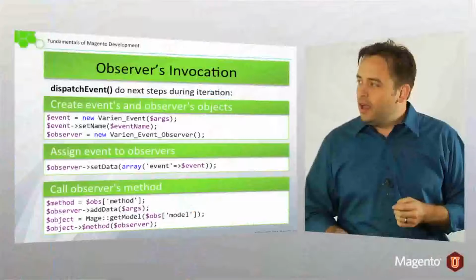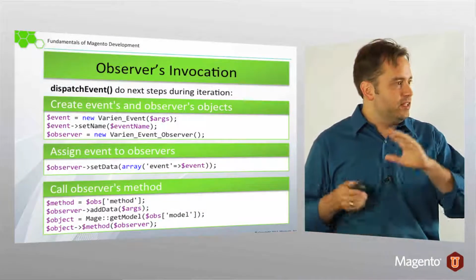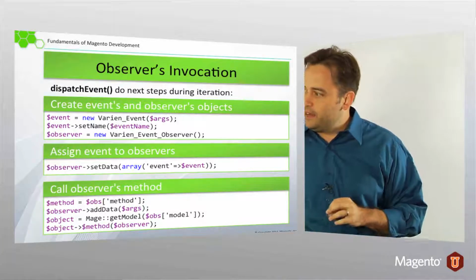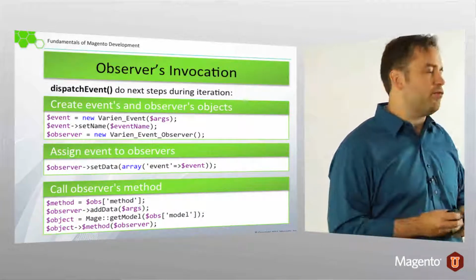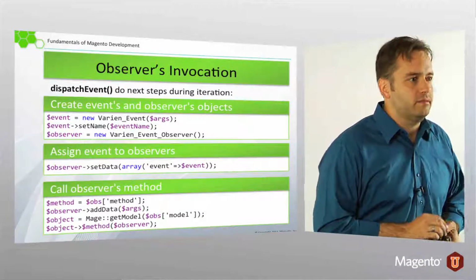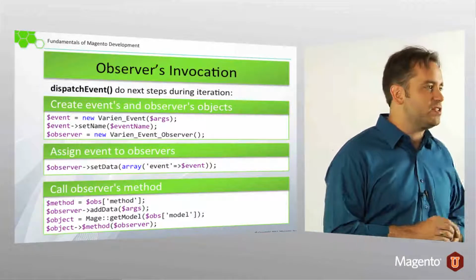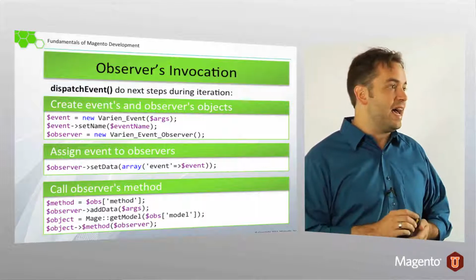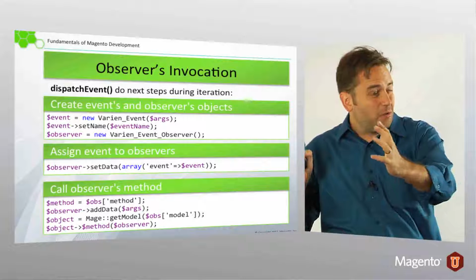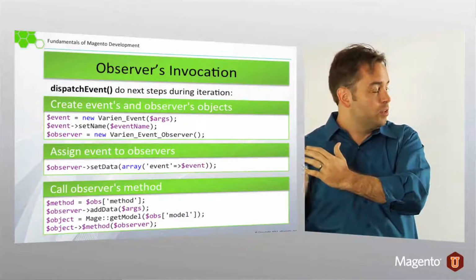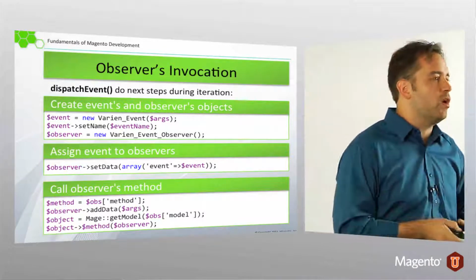But for right now, I think you should just be aware that there are a couple of different objects at play in the event observer system, and that fundamentally what happens is, through configuration, we cause a model to be instantiated, and then that model receives its data through the observer. Basically, that's how everything's passed in to the model that we want to use to operate on whatever's going on.